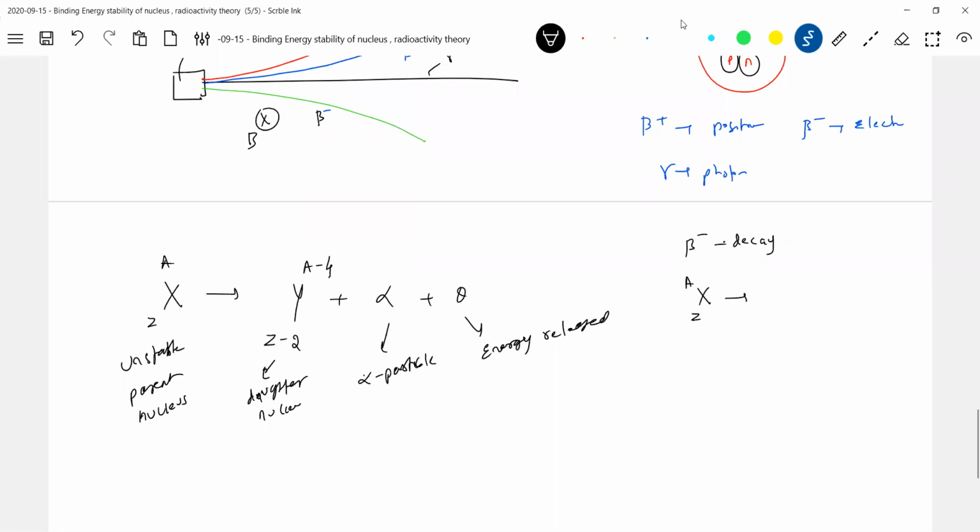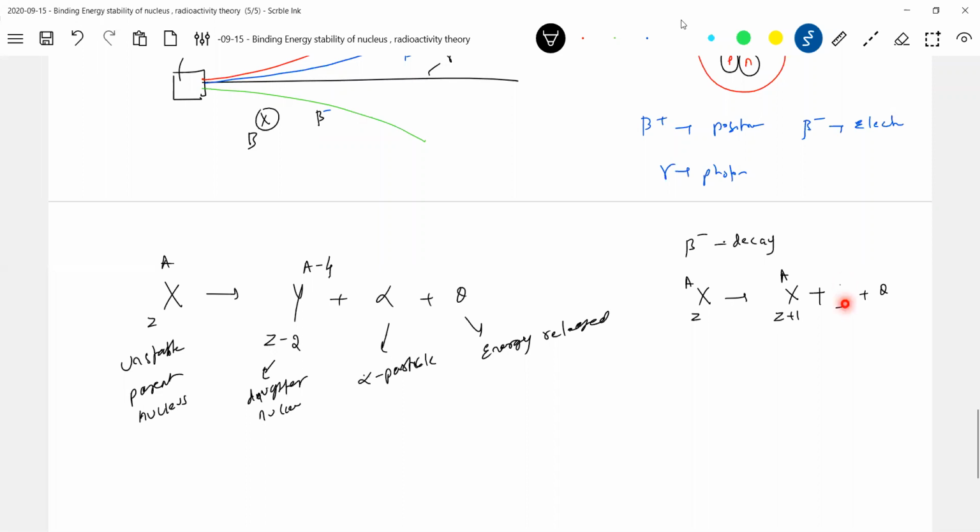Inside, an electron should be ejected. If an electron is ejected, the mass number will not change, but the charge of the nucleus, the proton number, will increase by one, and we get a beta particle, written with -1 and 0, and some energy released. So this is beta minus.